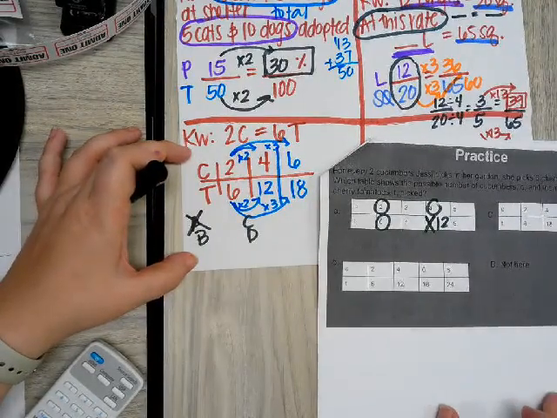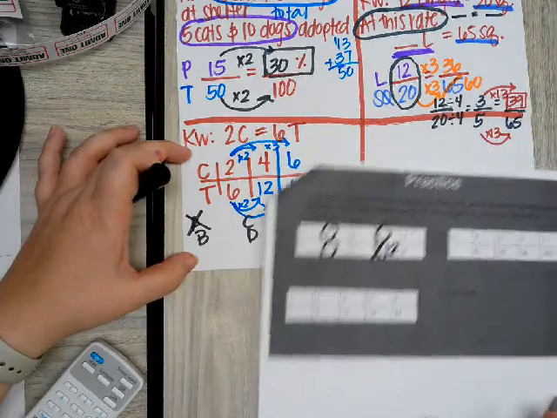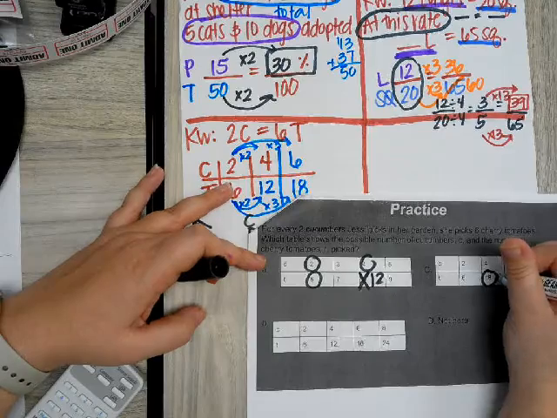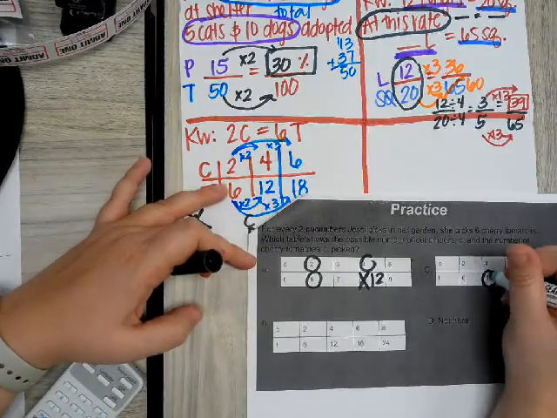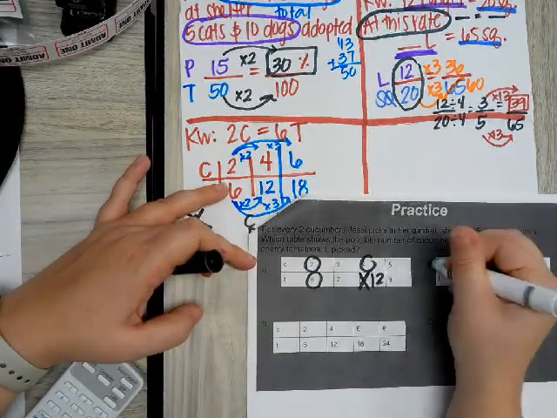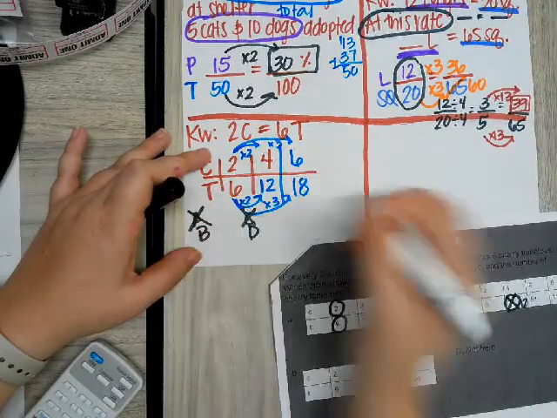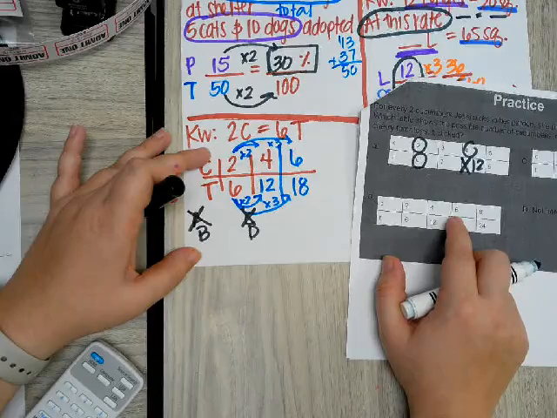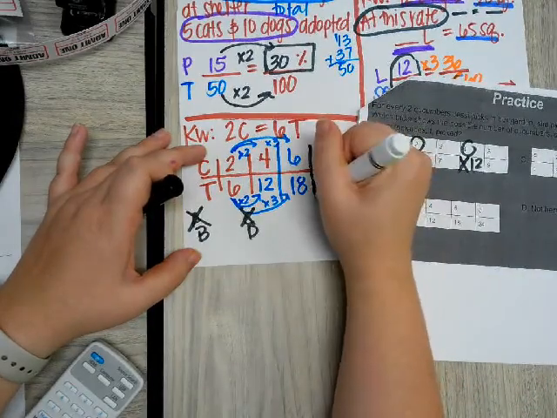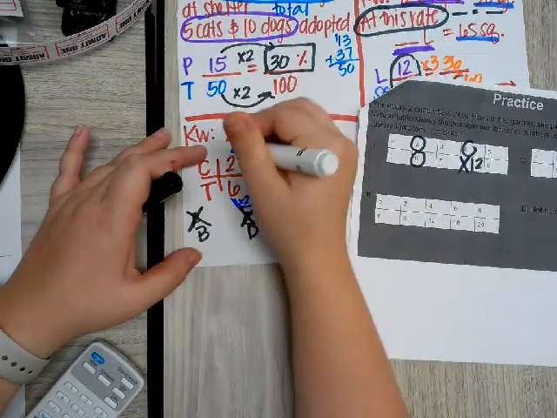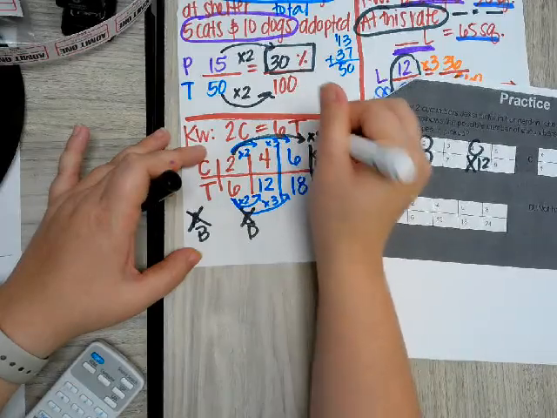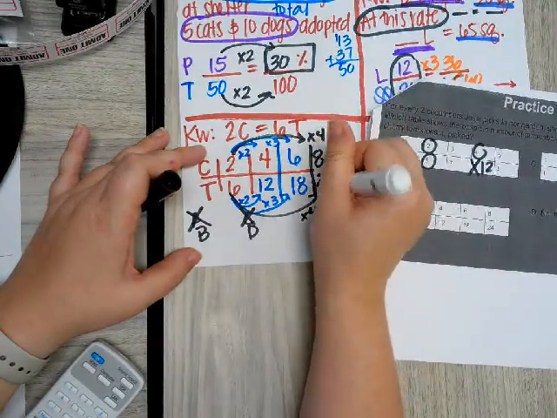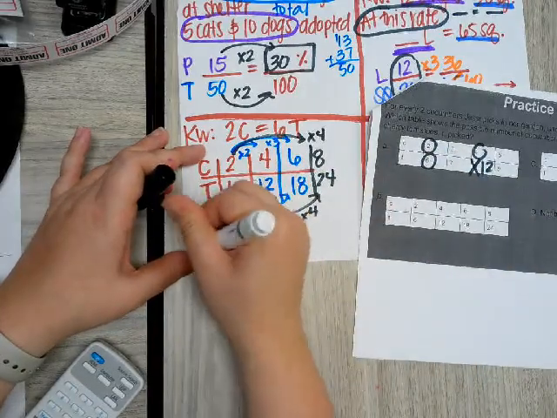If I look at C, same thing. They put 18 here. It should be 12, right? That cannot be my answer. But if I look at B, they all work out. Even if I was to use 8, how do you get from 2 to 8? Times 4, so 6 times 4 would have been 24. So my answer is B.